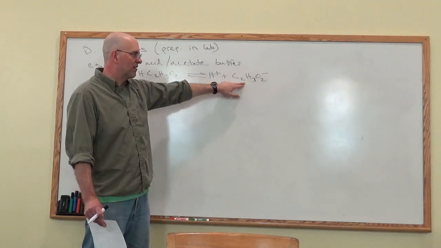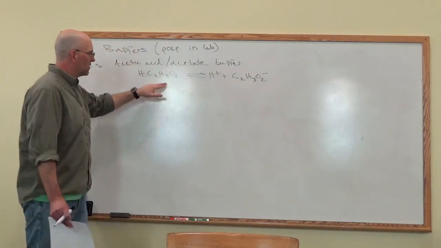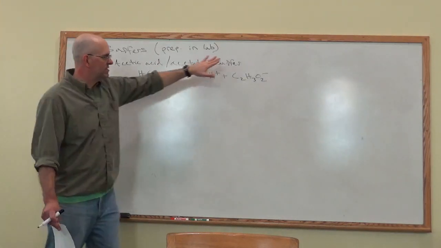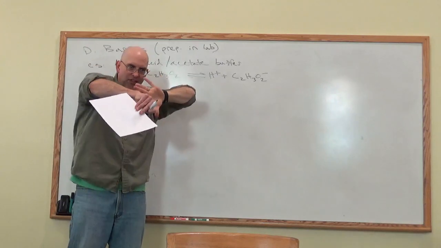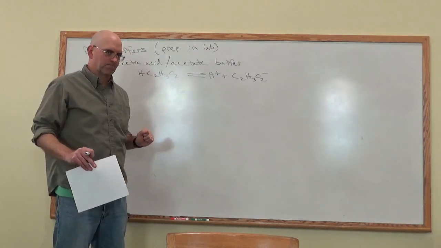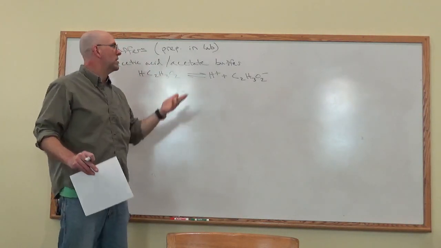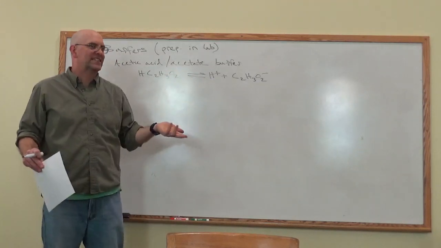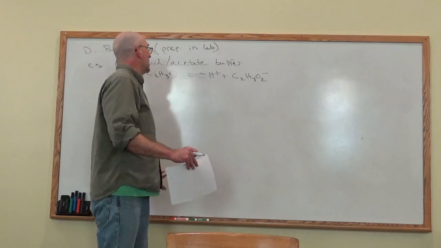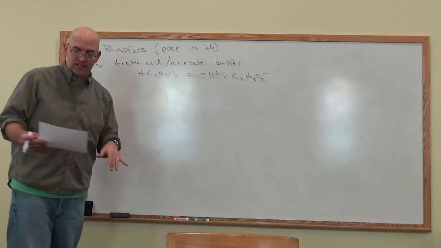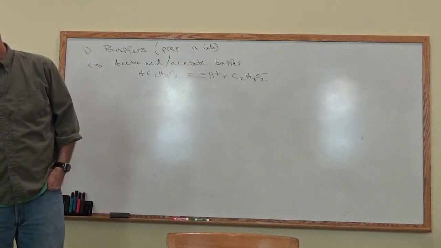So you would get solid sodium acetate, some acetic acid, and mix them together. Acid over here, base over here, dump them together, and then you would have a buffer system. I'm kind of skipping all that preparation stuff because you're going to see that in the 126 lab, or if you're a chemistry major, you'll see that with Dr. Richardson. So we're just going to cut to the chase here.